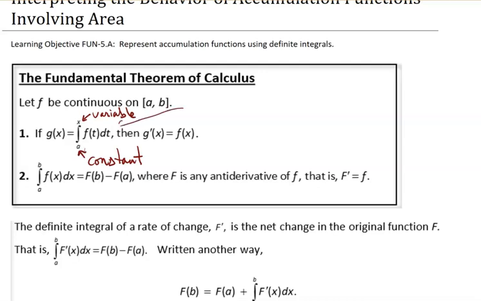Okay, so g of x here is an accumulation function. Okay, and what it does is it collects area as x moves from a to any value of x. And then this conclusion says the rate of accumulation is equal to the function being accumulated.